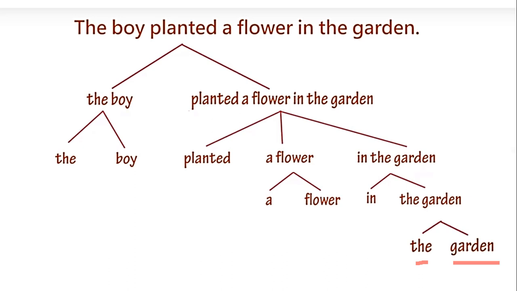First, they come together to form the garden. Then they come with in the garden. Then they come with planted a flower in the garden. It's only then that they become part of the sentence.